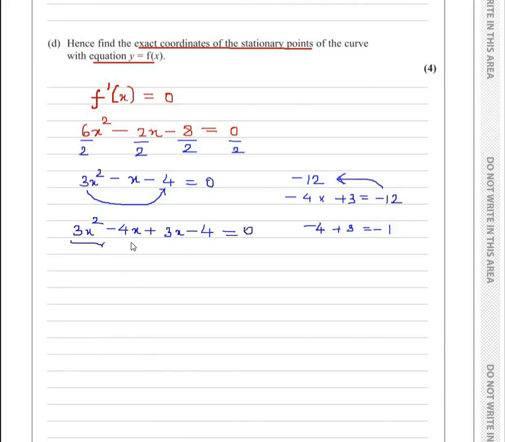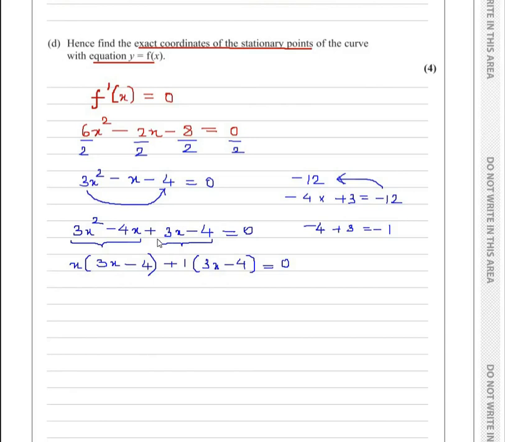Now I'll factorize the first two terms and the last two terms. Here the common term is x, so I take it out, and the term that remains is 3x minus 4. In the second pair, we can take 1 as common, plus 1 times the bracket 3x minus 4, equal to 0. Just a small hint: make sure you get the bracket terms the same. If the bracket terms are different, then you are doing the factorization wrong.